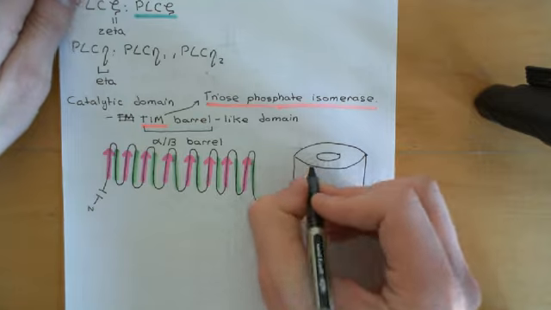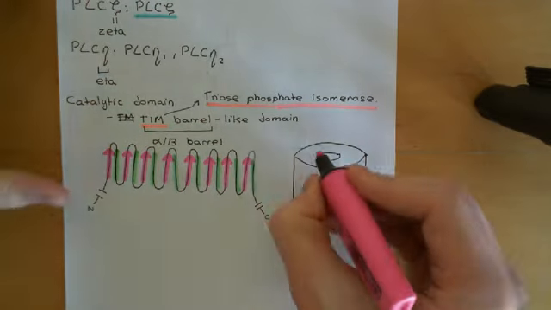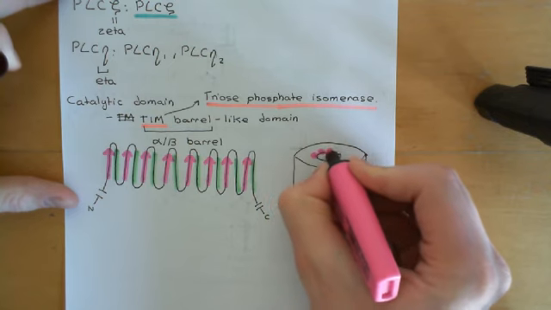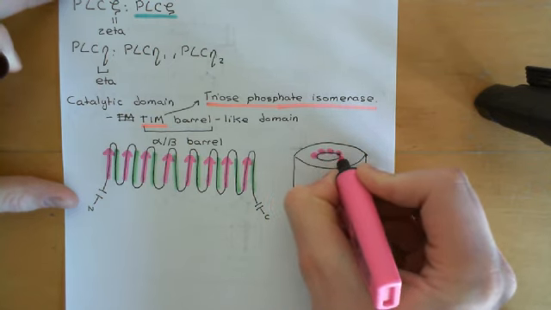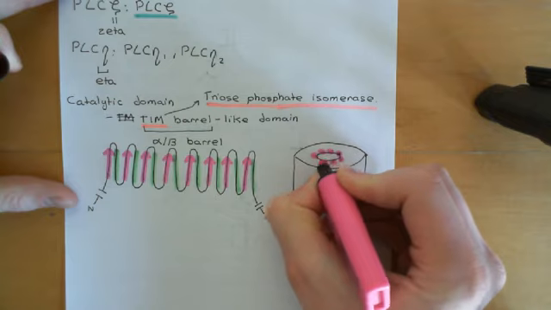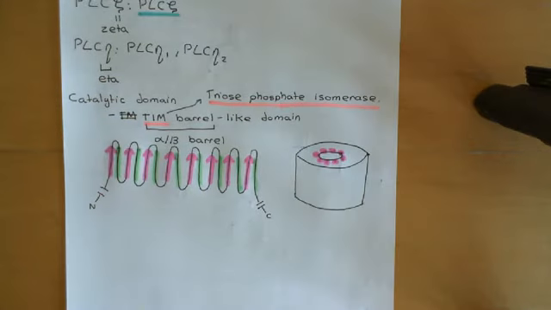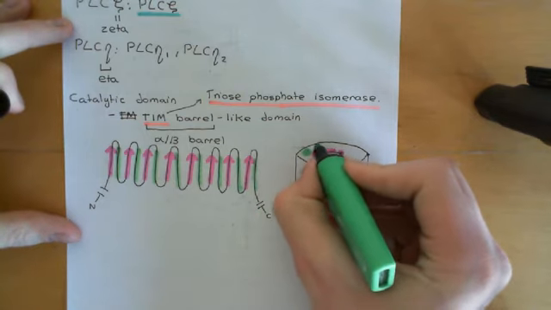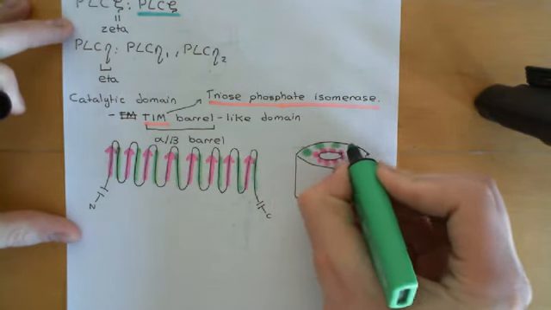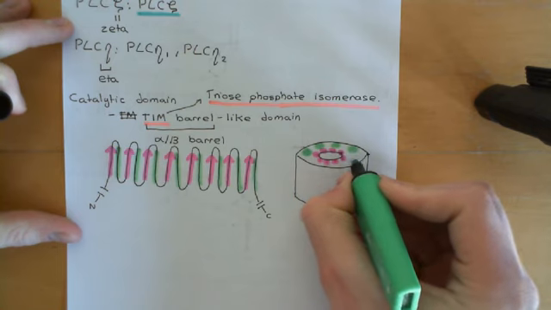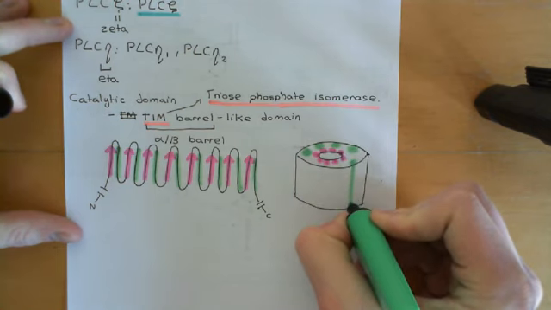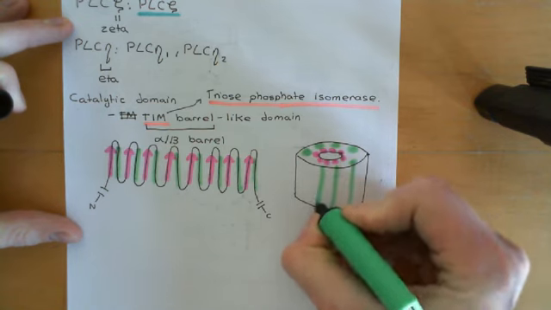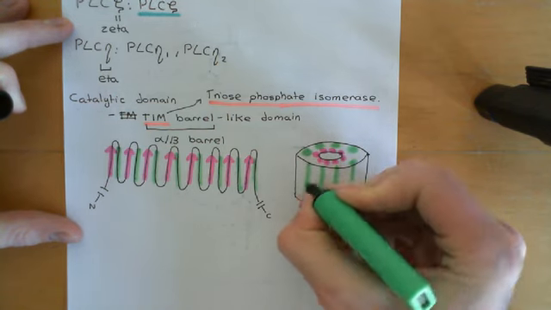On the inside you're going to have the 8 beta sheets, which I'll show in purple: here's 1, 2, 3, 4, 5, 6, 7, 8. Then around the outside you'll have the alpha helices: 1 here, 2 here, 3 here, 4 here. I might show this one going all the way down, and another one here going all the way down, so that we can see it.